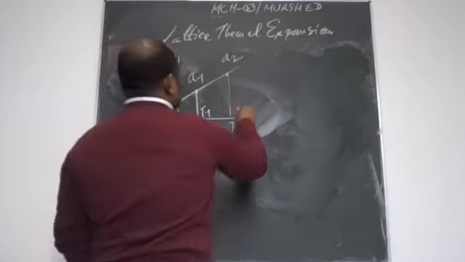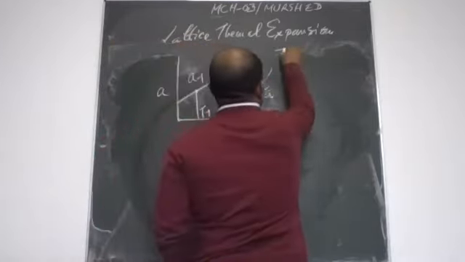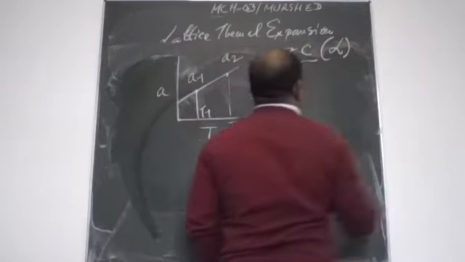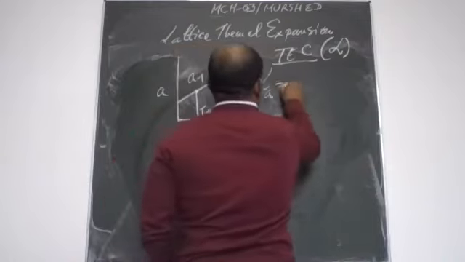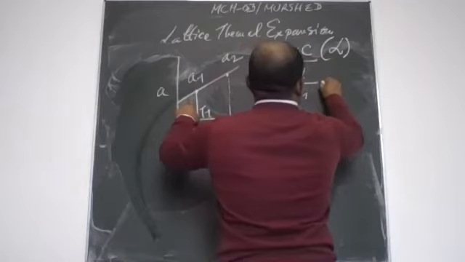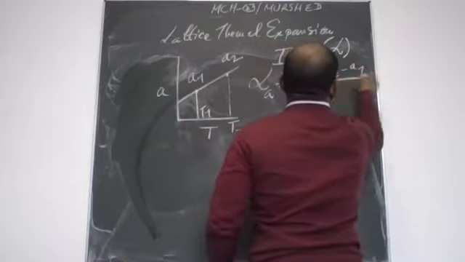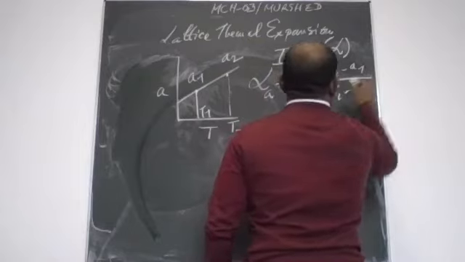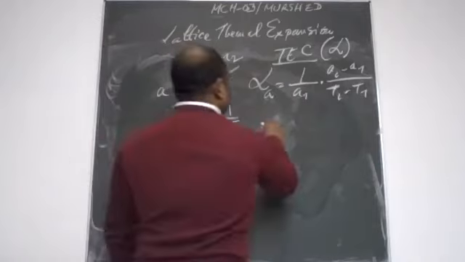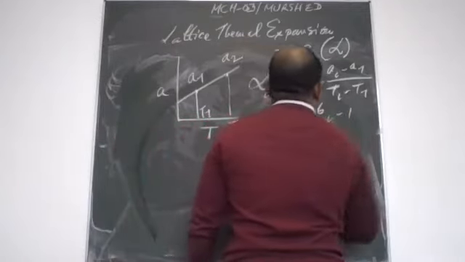Then the thermal expansion coefficient in A, usually written as alpha, you can write with respect to reference point A1, then A2 minus A1, divided by T2 minus T1. Usually in the solid state it is on the scale of 10 to the power minus 6 per Kelvin.